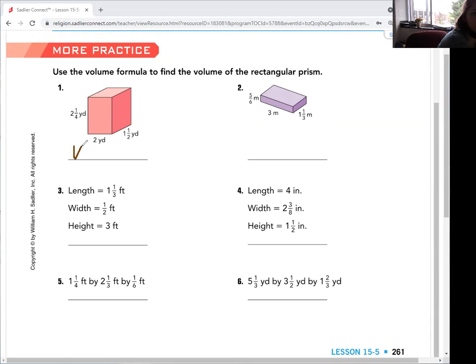So really, we're going to just use this volume formula. Everyone on this line right here, right? V equals L times W times H. And then we're going to go and replace each of those in the line underneath. V equals, which one would you say represents the length? And does it matter? It doesn't really matter, does it?